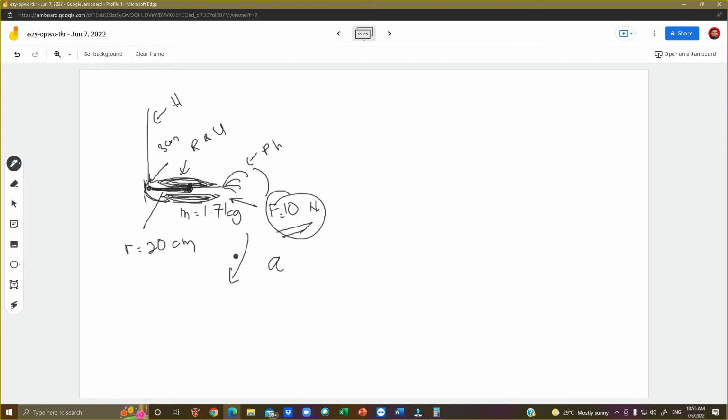Okay, so that is the question. Okay, so this question have two parts. First, it has the parts of torque equals to I alpha. Ataupun we can have it as torque equals to mk square alpha.